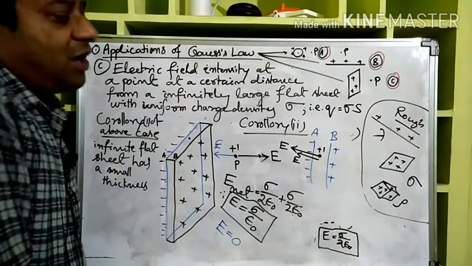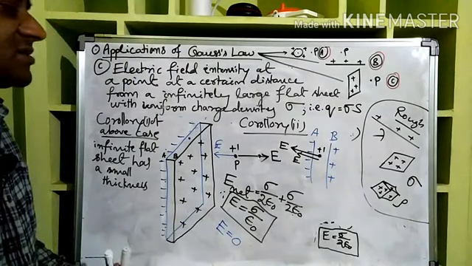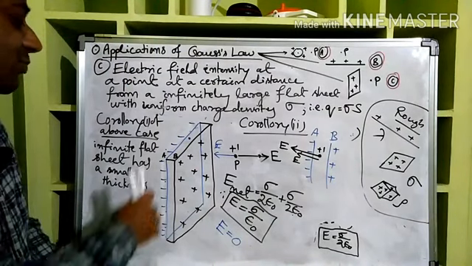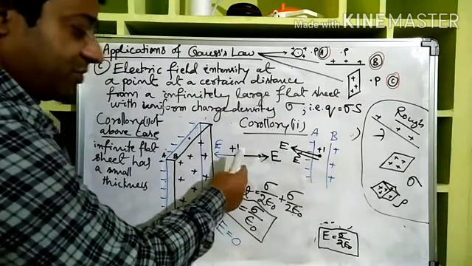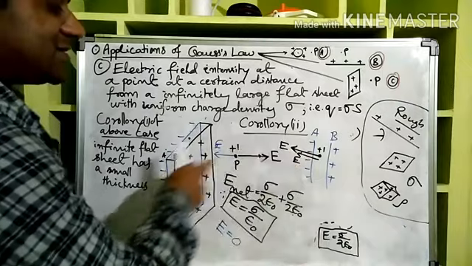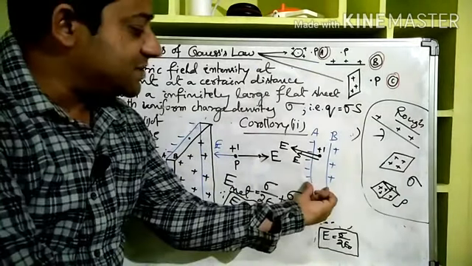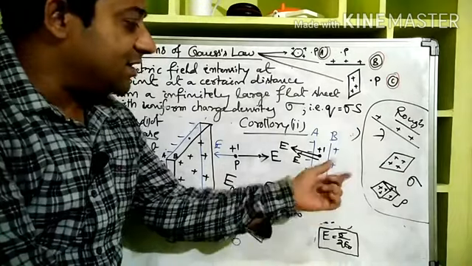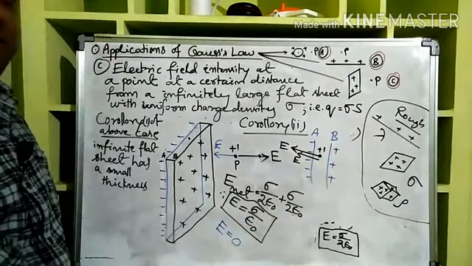Is it clear? Depending on the question or where the point is placed, we have to take that decision. If both are positively charged and the point is taken outside the plates, then the electric field strength is added up. If both plates are oppositely charged and the point is taken between them, then also the electric field is added up.